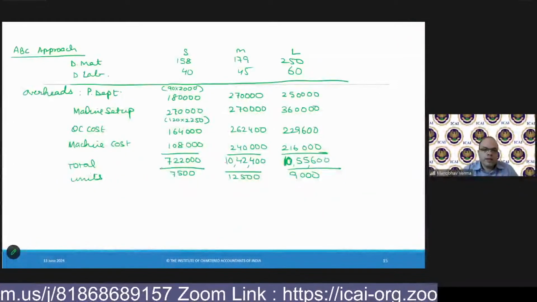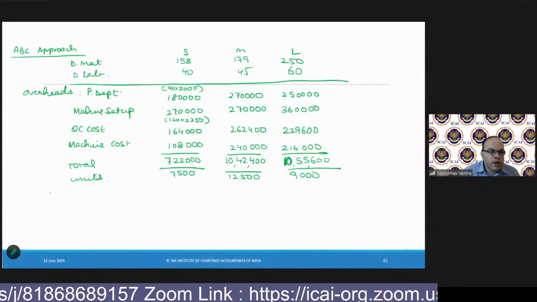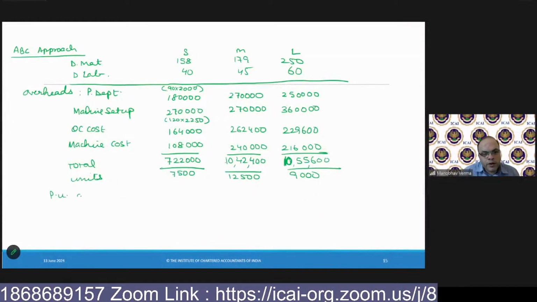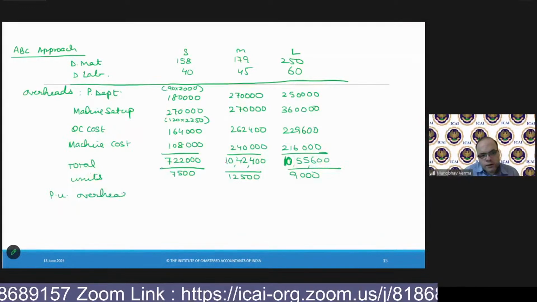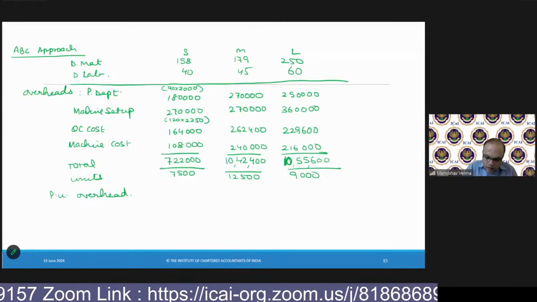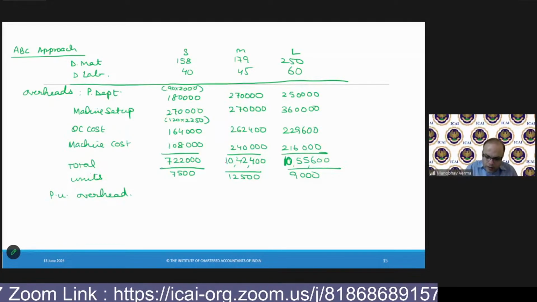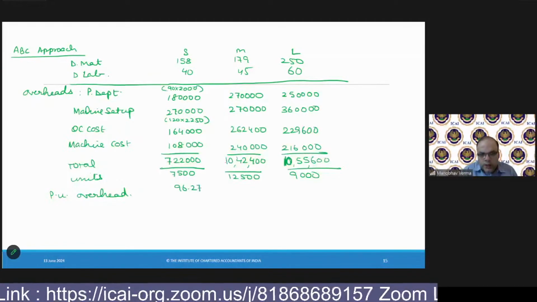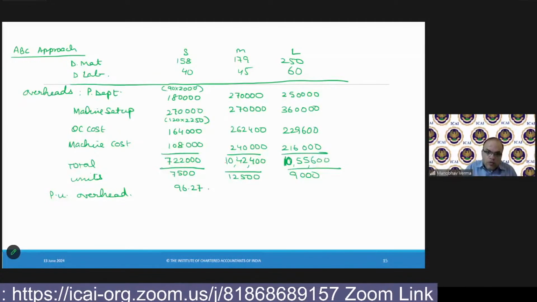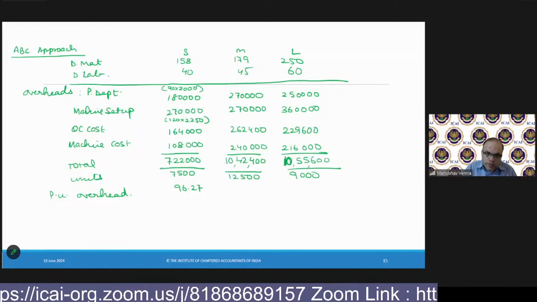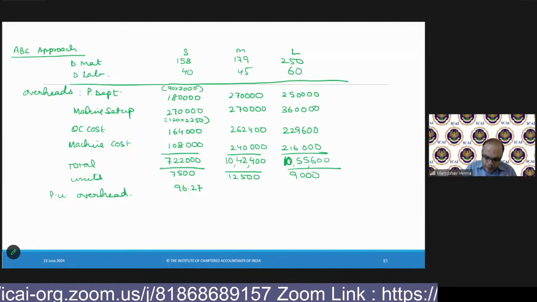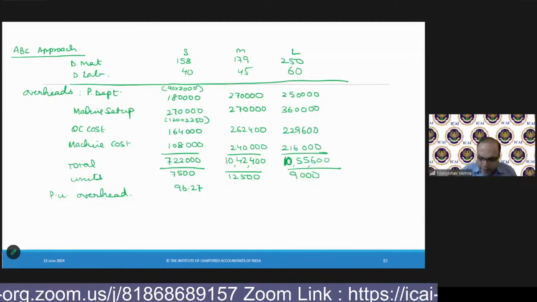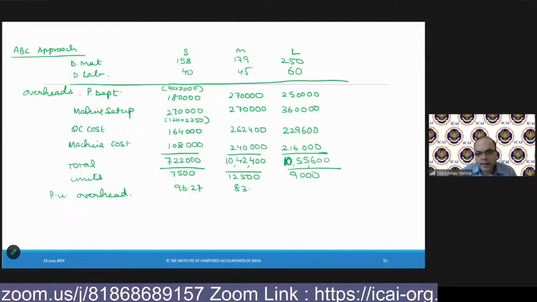That means overhead cost per unit is 96.27 for product S. For M, we are getting 83.39.